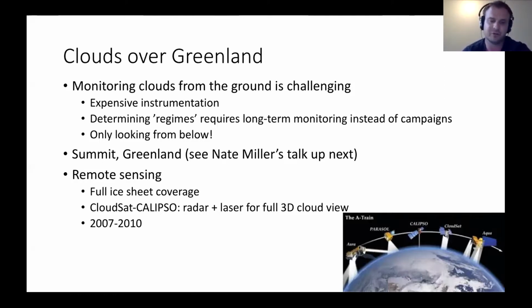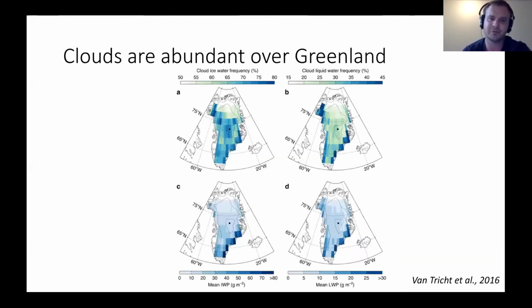These cover a period of 2007 to 2010, when both CloudSat and CALIPSO were still active. These observations give us a unique view on the climatology of clouds, only for a few years, but still. They show us that both cloud ice, on the top left here in A, and cloud water are occurring very frequently on the Greenland ice sheet.